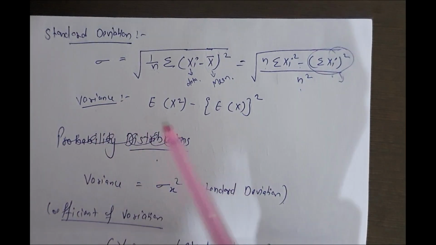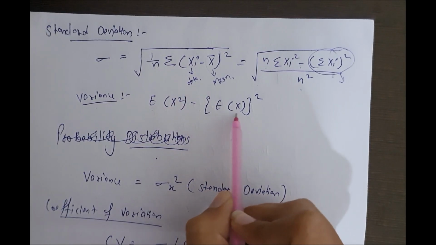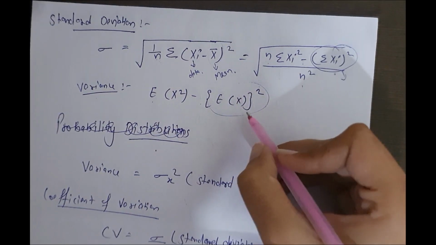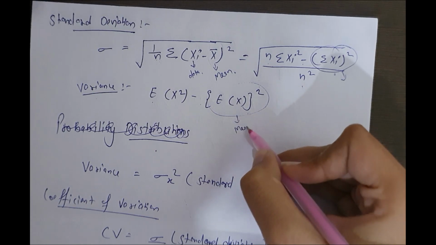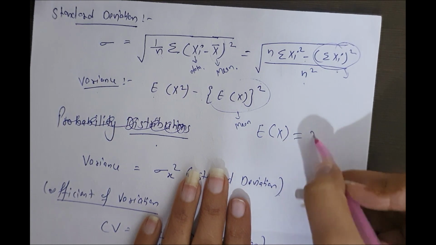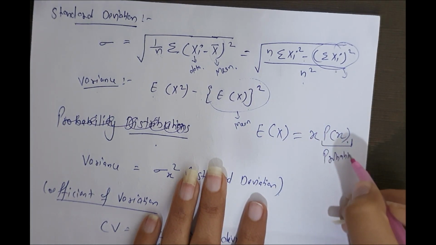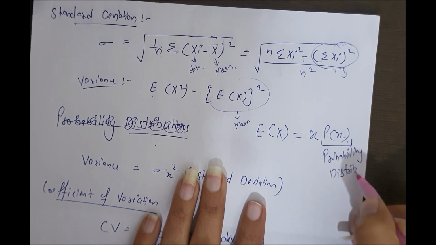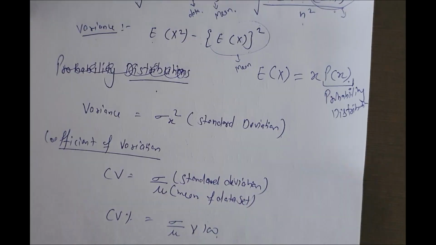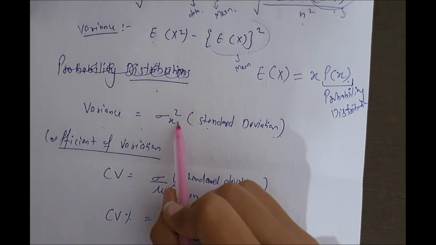Now what is variance? Variance is equal to E of x square minus E of x whole square. How do we find E of x? That is summation of x p x, the probability distribution. We will study this with the help of examples. Variance is equal to standard deviation square.